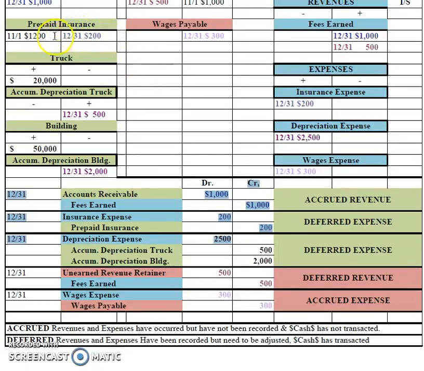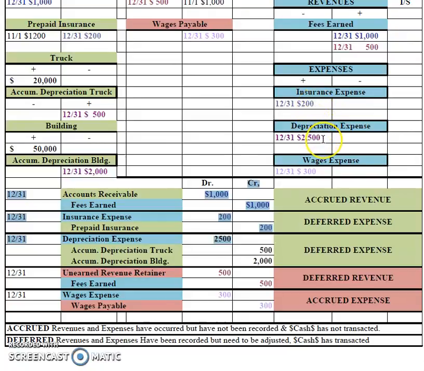We purchased the insurance on 11/1 for $1,200. And on 12/31, we realized that $200 of that has been used, okay, for the 2 months, for 11 and 12. So $200 is going to be reduced from our prepaid insurance, and we have our insurance expense.